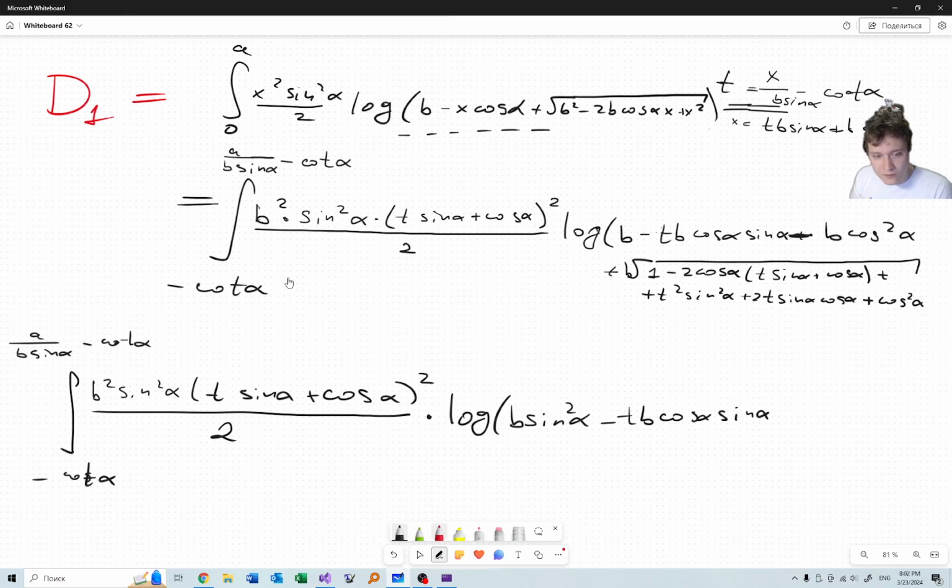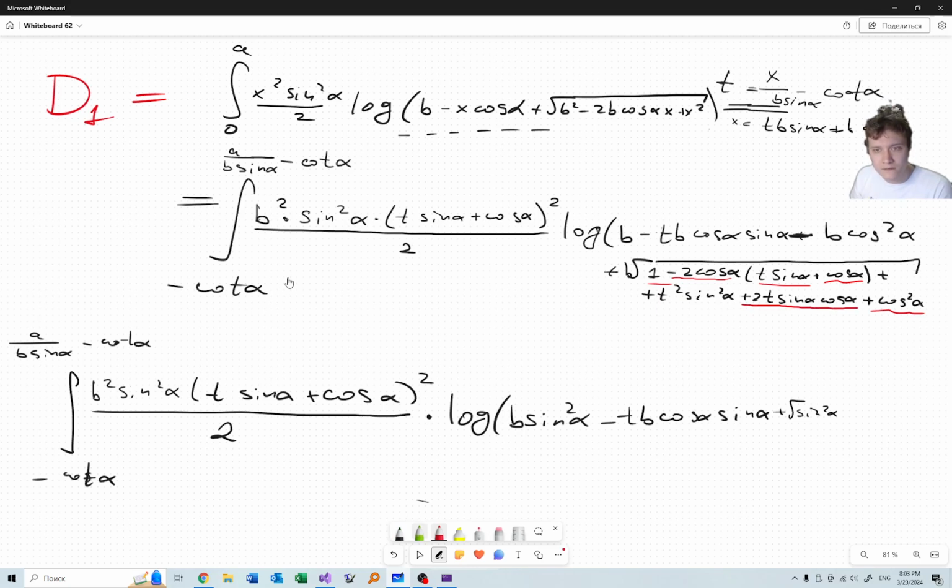Let's look at the square root. First of all, this is minus 2 cosine alpha squared, and this is plus cosine alpha squared. So in total, this is minus cosine squared alpha. But since we have 1, we have sine squared alpha. And this resulted from these three addends. What else do we have? We also have 2t sine alpha cosine alpha, and it is annihilating with this one.